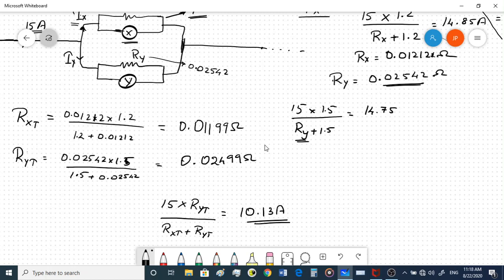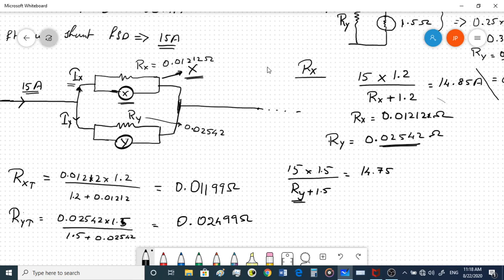So that would be the current measured by the Y meter, and the current measured by the X meter will be 10.13 amperes. So this is a very good question.